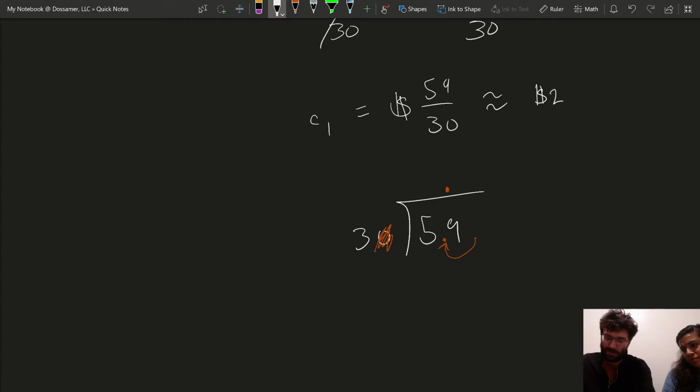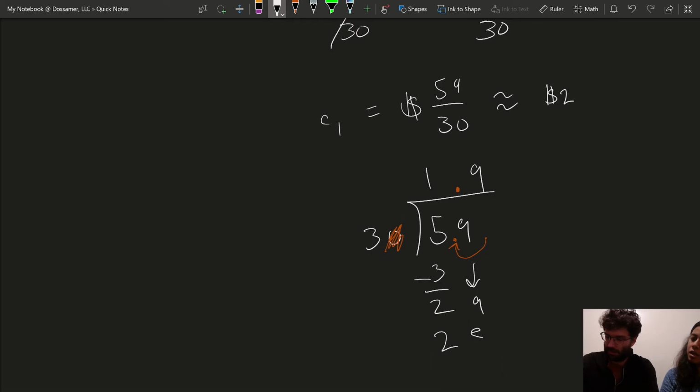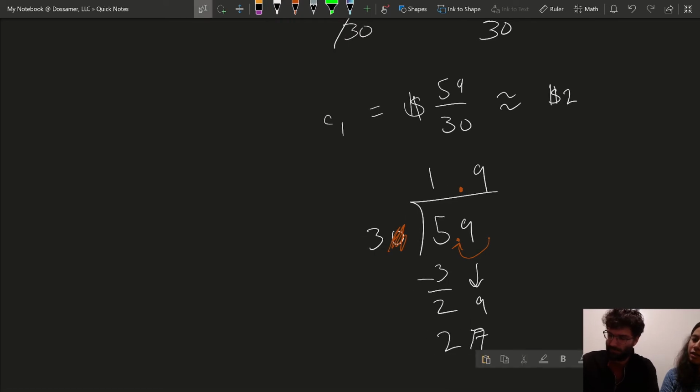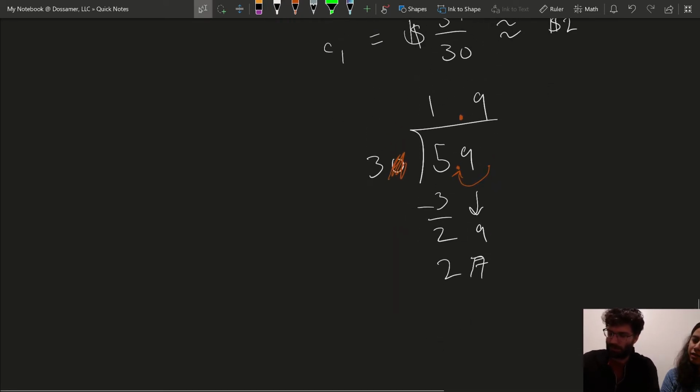So 30 divided by 10 is 3. 59 divided by 10 is 5.9. And all that is I moved over my decimal point by 1 place. And then that point goes up here to the top like this. You just have to not lose track of it up there.